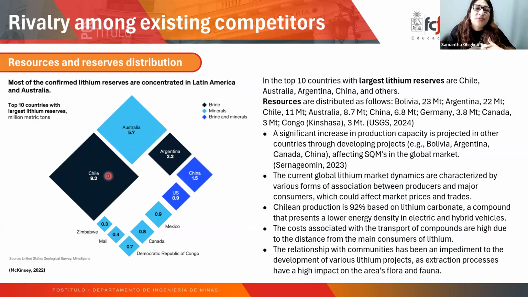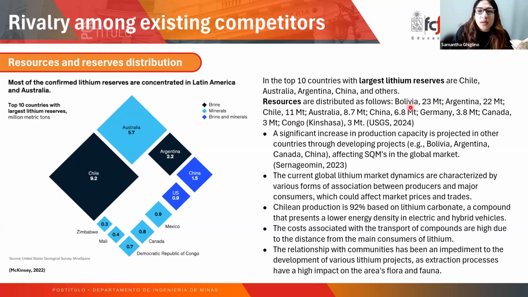Okay, continuing, and taking this into consideration, this is also a representation of how the reserves are distributed in the different countries. If we take into consideration only reserves, Chile has most of the current reserves globally, followed by Australia, Argentina, and China. But something important to keep in mind is that if we take into account resources, Bolivia and Argentina exceed the Chilean resources importantly.